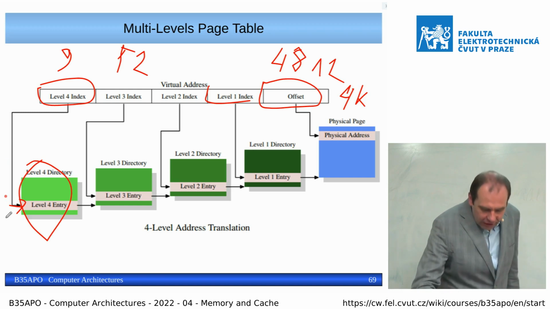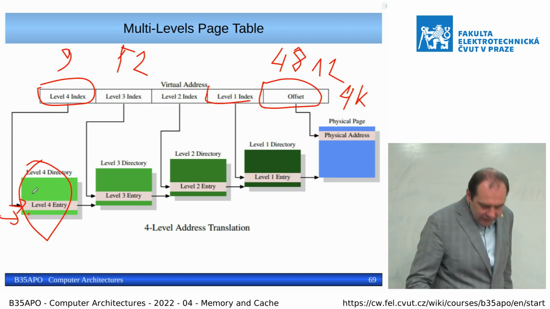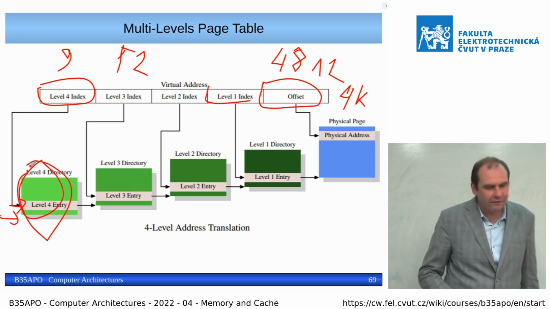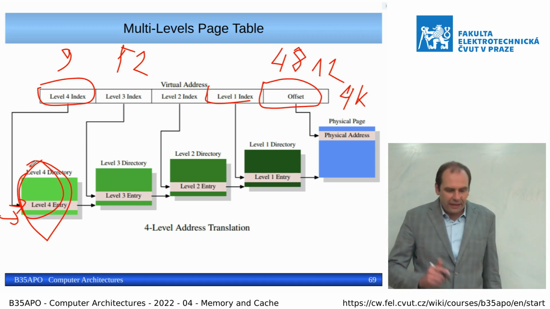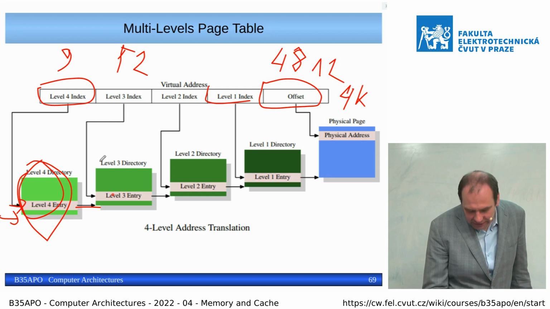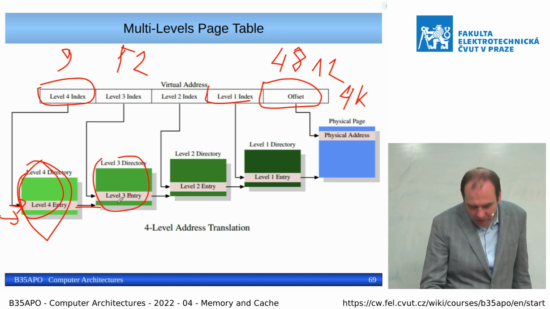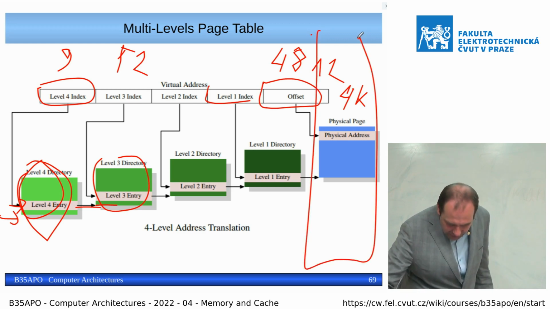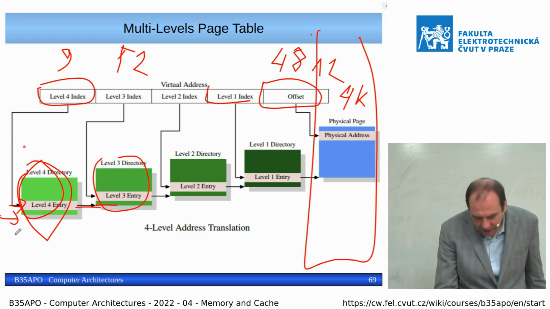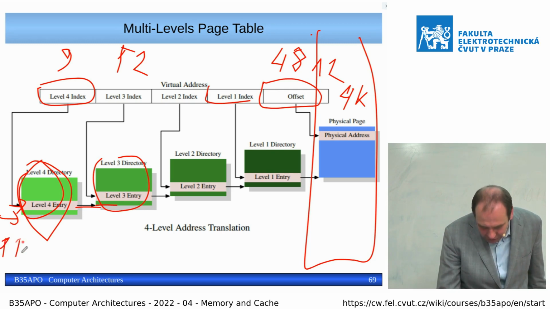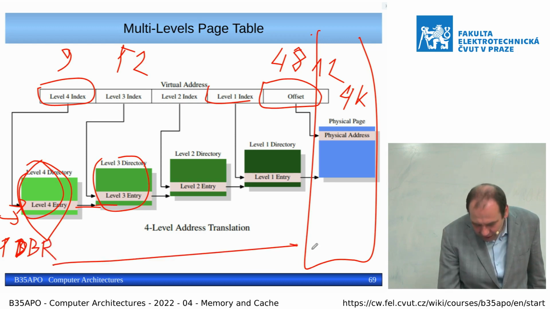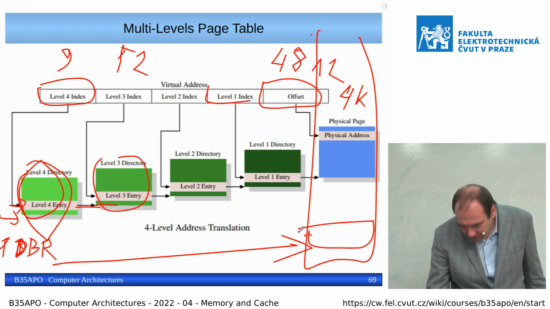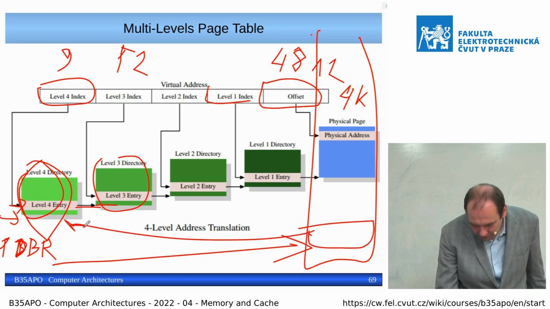And for each process we have an address where the page table for a given process starts. And then we find that the next level of page table is on this physical address. Basically all this, in fact, we have it there as a hierarchy, but in fact, the page directory base register points somewhere into the memory where this top-level page directory is.